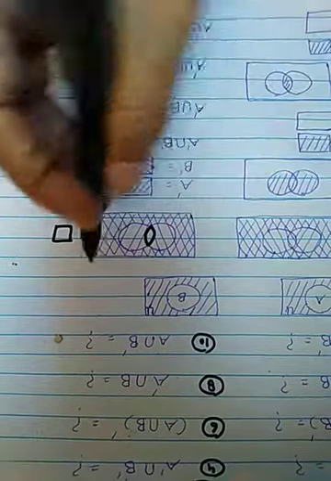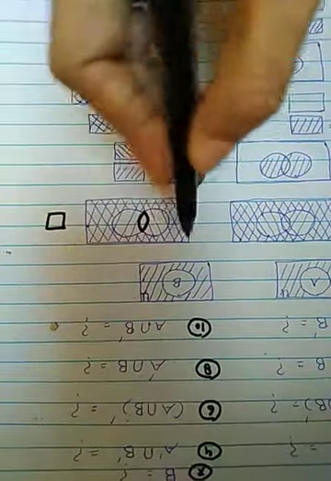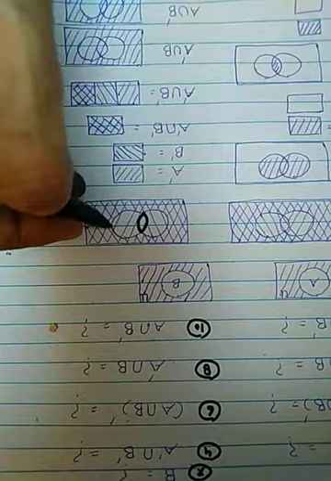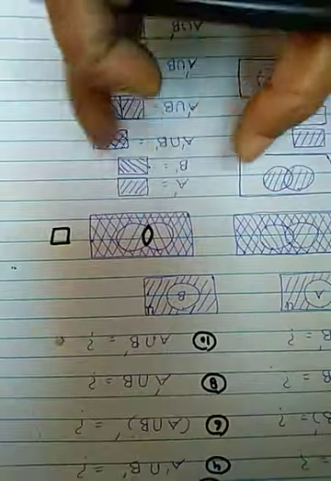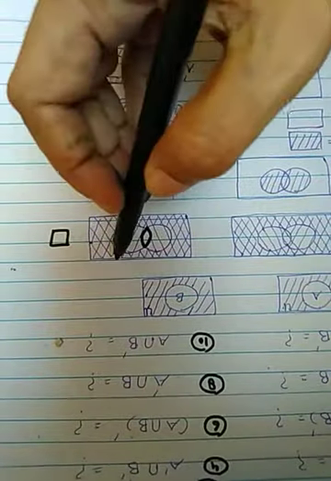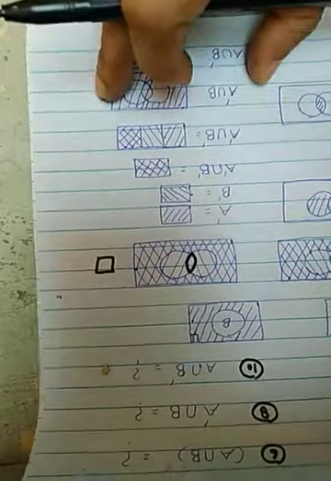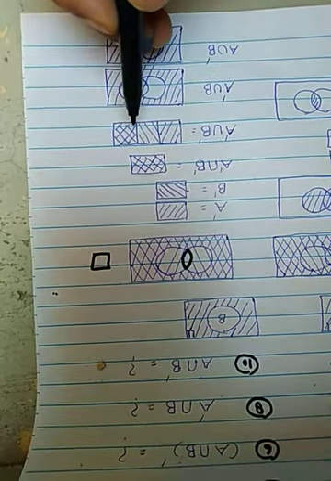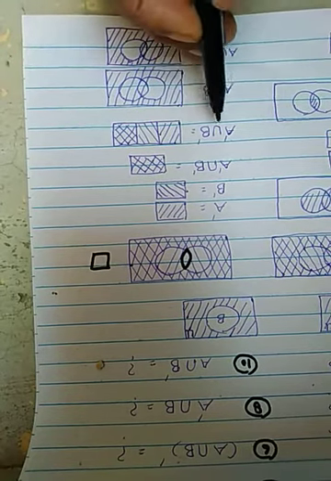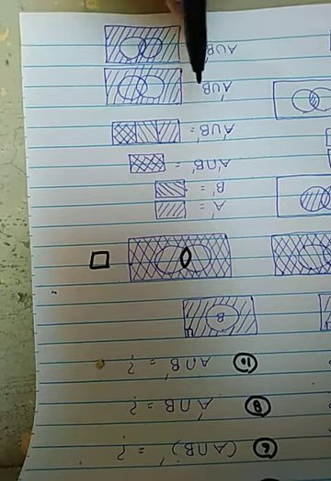In this direction and in this direction are the uncommon members, and the boxes area is the common members. So the common area and uncommon area contain A complement union B complement.